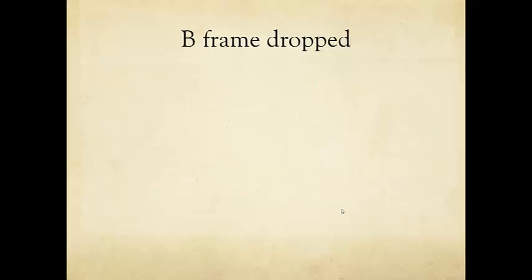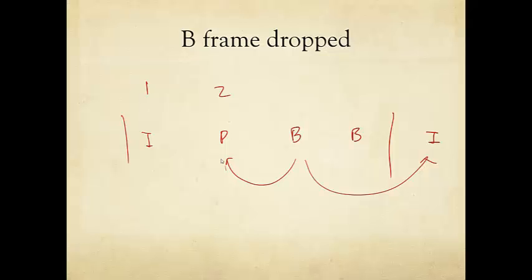If you instead drop a B frame, then what you see is the following. This is one GOP. You get 1 correctly, you get 2 correctly. Let's say this 3 is dropped. So the B frame will say, I'm going to look at the one before me, or after me. But the first I or P frame before me is already properly received, so I just use that value, so I use 2.